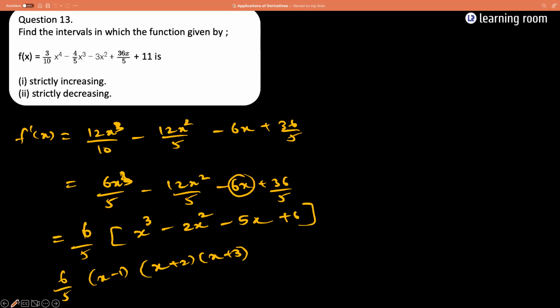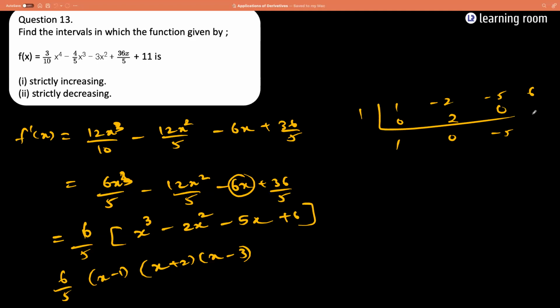Let me check. 1 minus 2 minus 5 plus 6. 1 is the root. Coefficients 1, 1, minus 1, minus 1, minus 6, 6. So x square minus x minus 6. So x minus 3 into x plus 2. Correct? You're right.